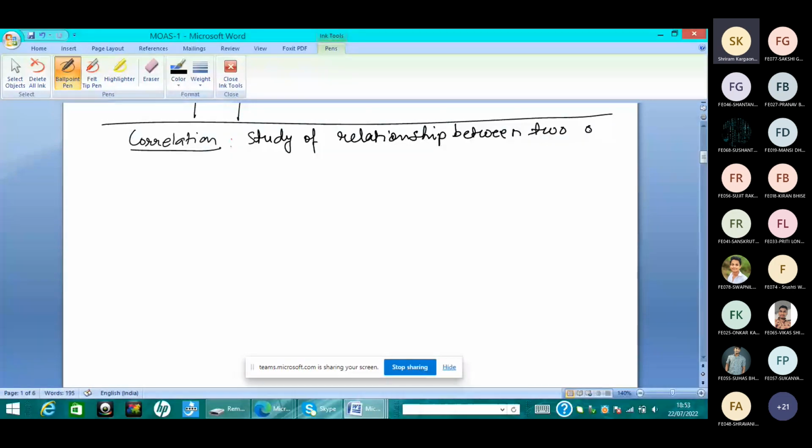Now specifically we are dealing with two variables, so binary data. It is the degree of relationship between the two or more variables.